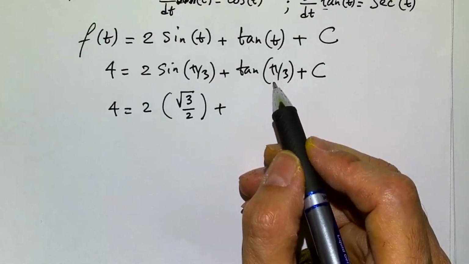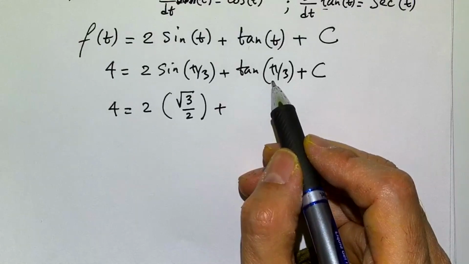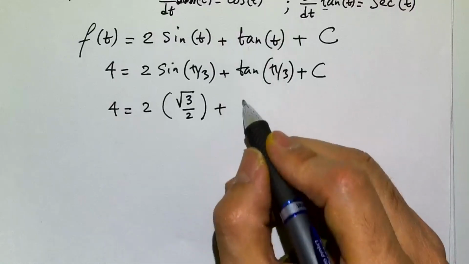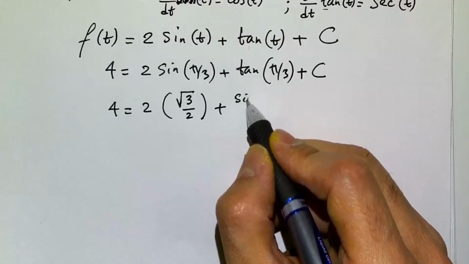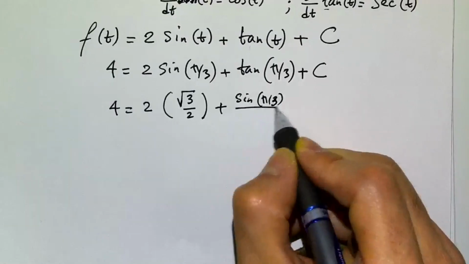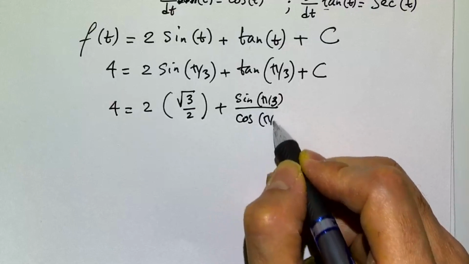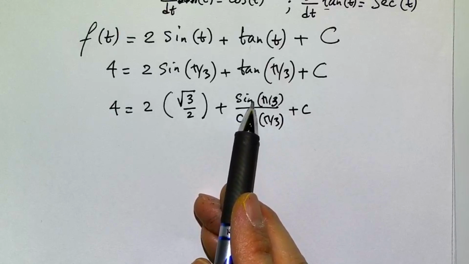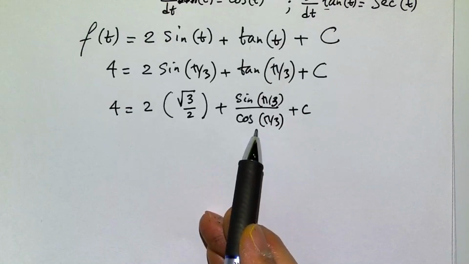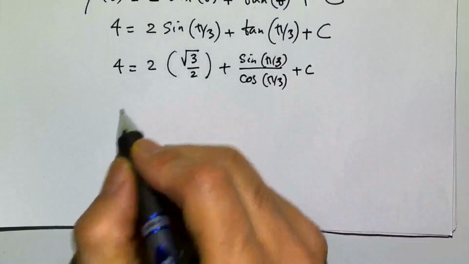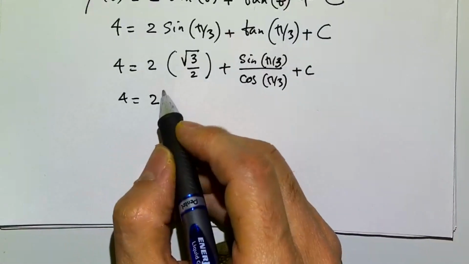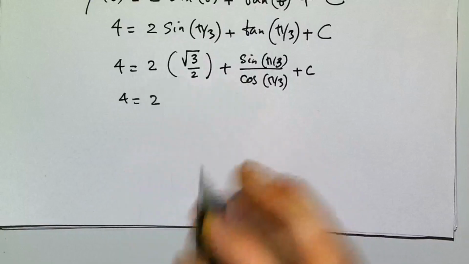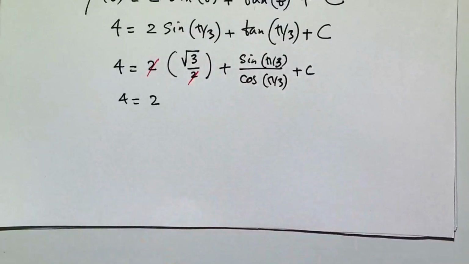So that would be sine of pi over 3 divided by cosine of pi over 3 plus c. Of course, this would be square root of 3 over 2. This would be 1 over 2, and the ratio would cancel out to square root of 3. So we'll get 4 equals square root of 3 here. So this two and this two cancel each other out.